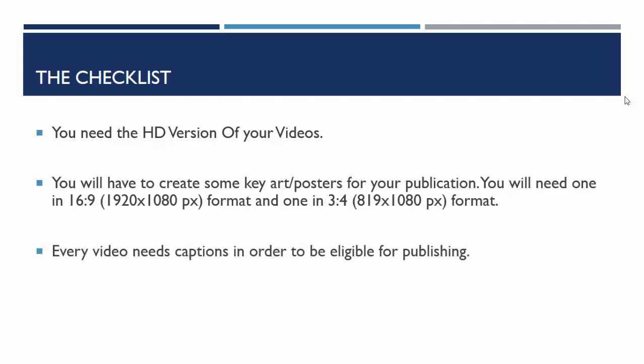After that, this is something that probably will scare a lot of people, but it's not that scary, because it can be done very easily, but it has some costs. So be sure that the videos you will publish are very high quality and they will sell, and it will definitely be worth it. Every video needs captions in order to be eligible for publishing.